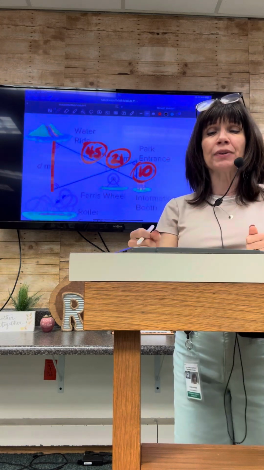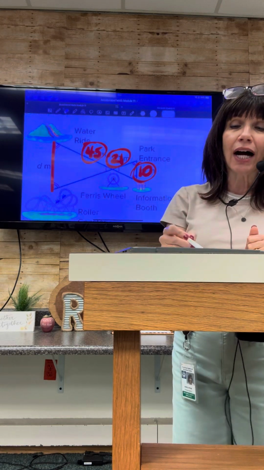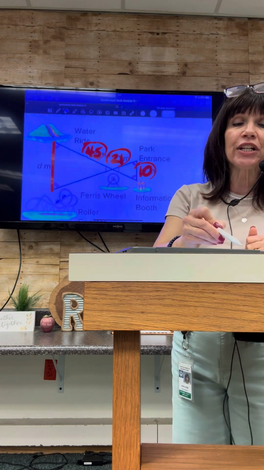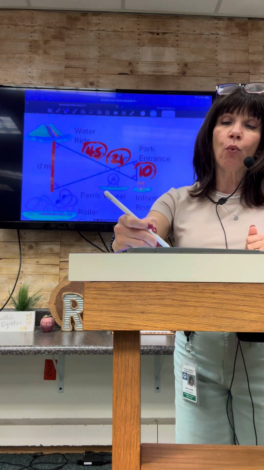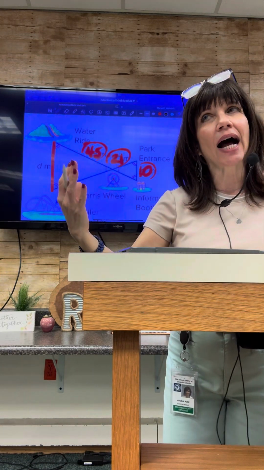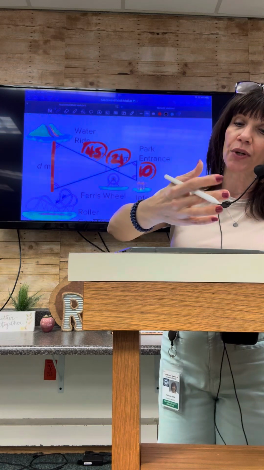Now I want you to ask yourself this. When you look at these 3 numbers, can you find which lines map to each other? In other words, which lines are the same, the corresponding side as compared to another corresponding side?